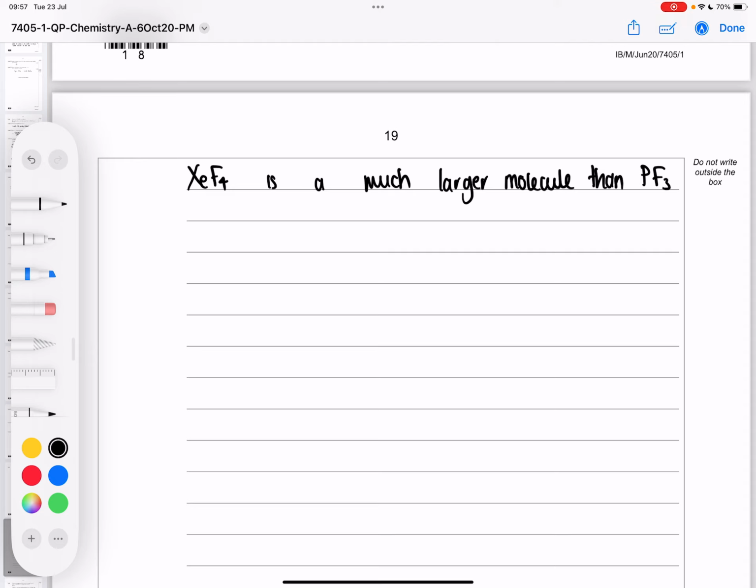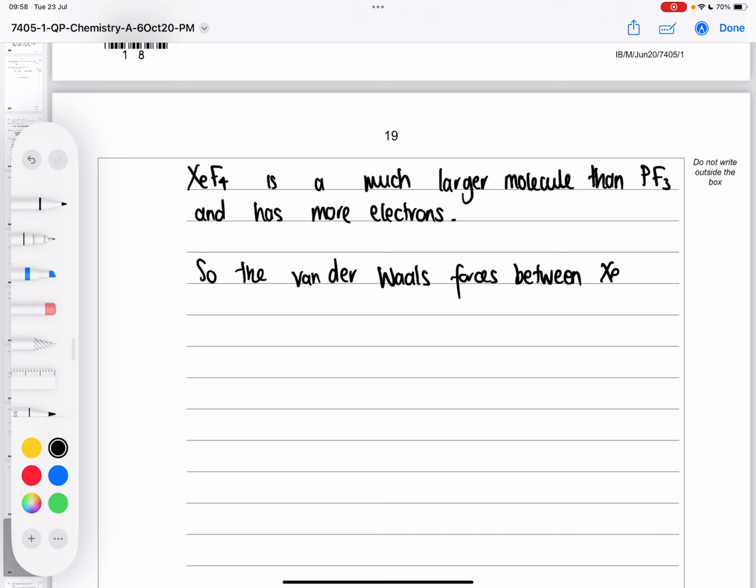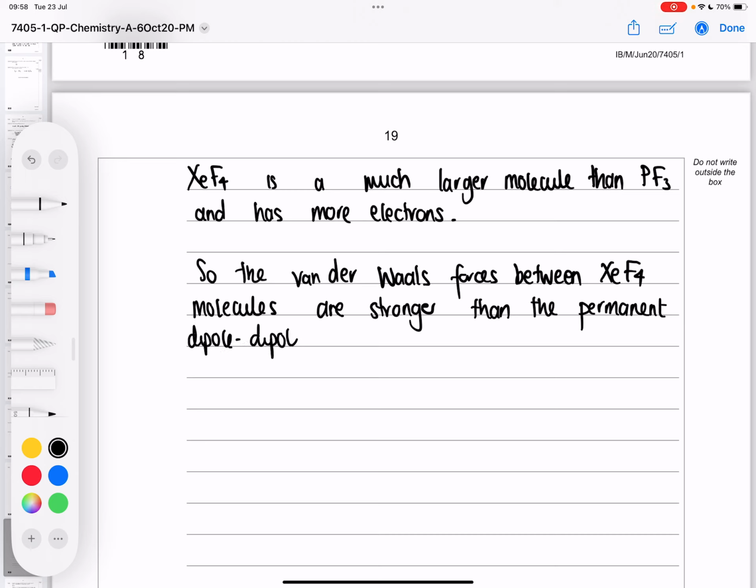If we look at the number of electrons, so the van der Waals forces between XeF4 molecules are stronger than the permanent dipole forces between PF3 molecules.